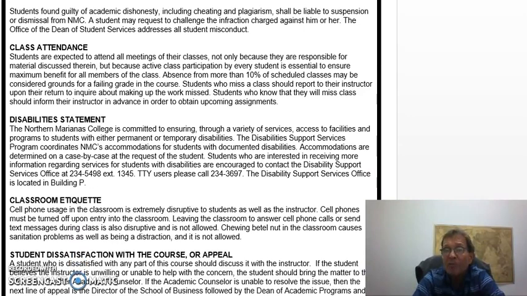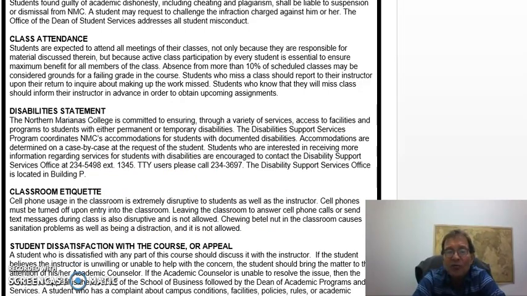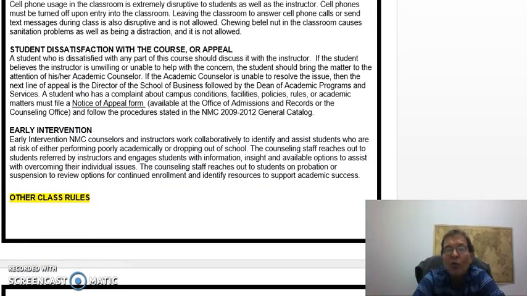Disabilities, if you have problems with that, contact the disability office in Building P. Etiquette doesn't really apply to an online course. If you're dissatisfied with this course, take it up with the chairman of the department, Mr. Schartz, or the vice president, Mrs. Cynthia De Leon Guerrero, or you can actually go to the learning and support services that will help you to have any sort of problems.